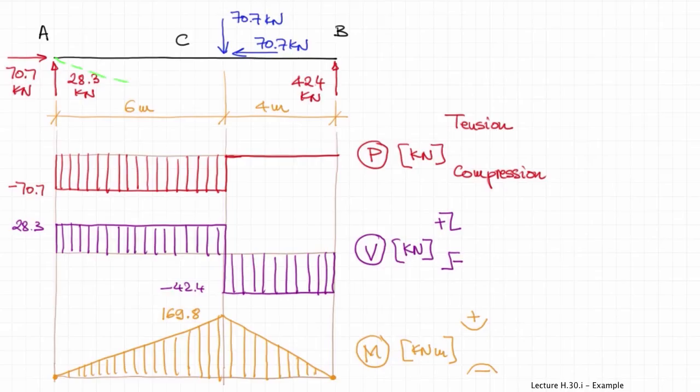Now, one important thing that you need to know is that the shape of the bending moment diagram, very roughly, indicates the inverted deflected shape of the beam.